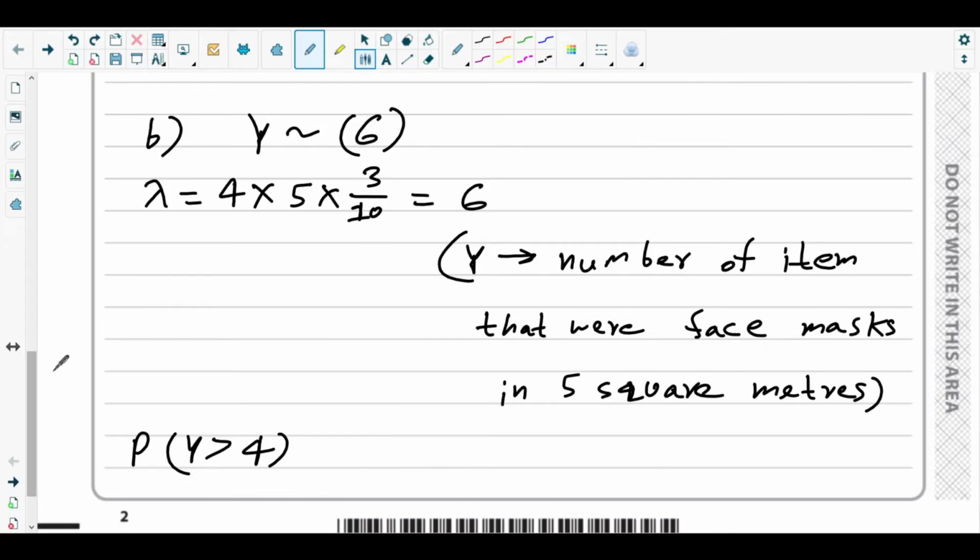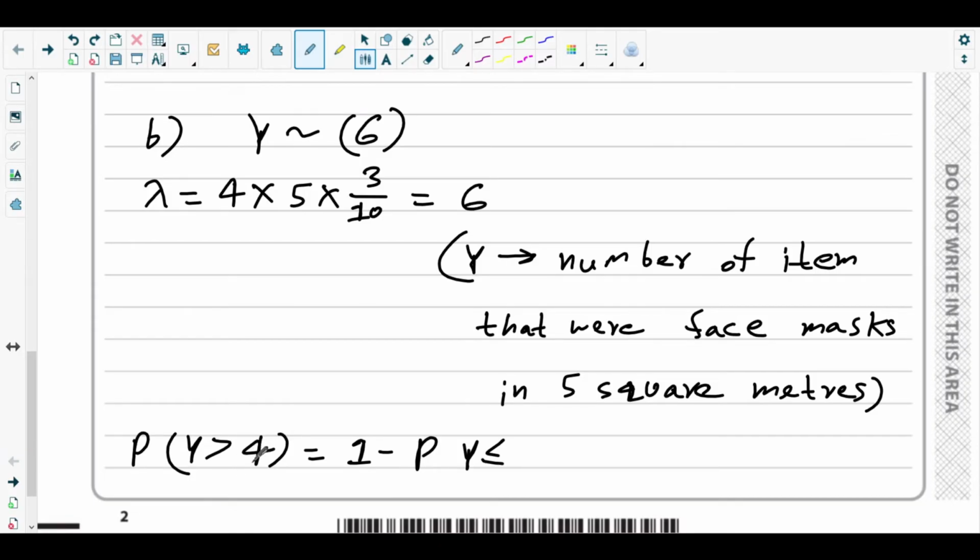But if you want to use the cumulative distribution table, we need to make it in the form of less than or equal to. So 1 minus the probability of y less than or equal to 4.